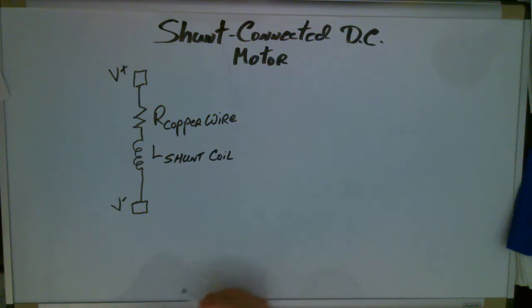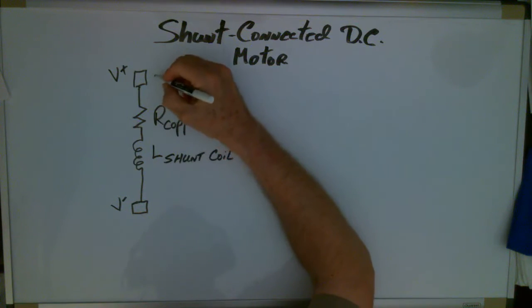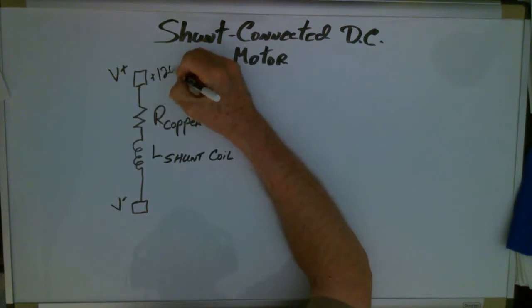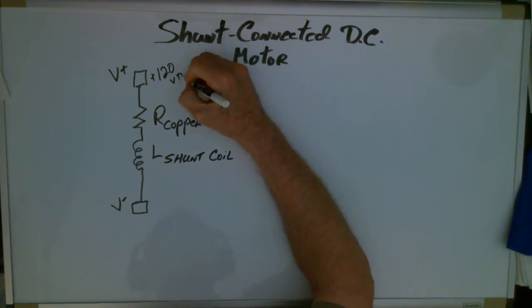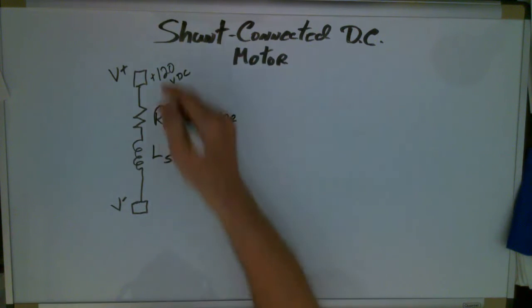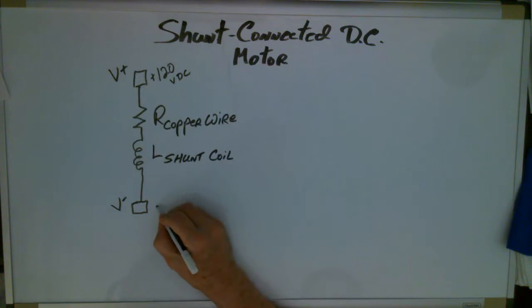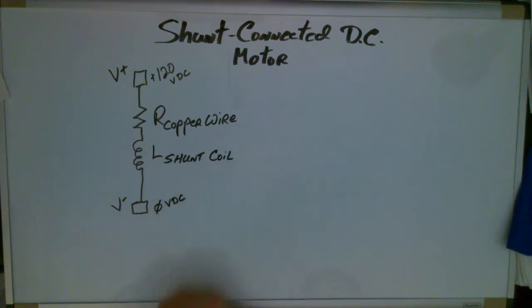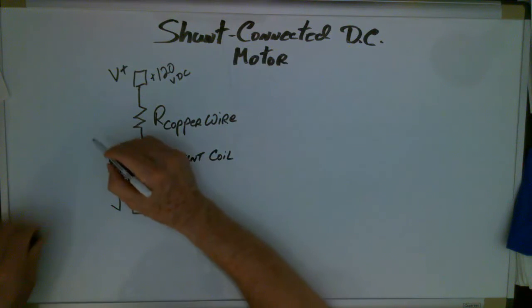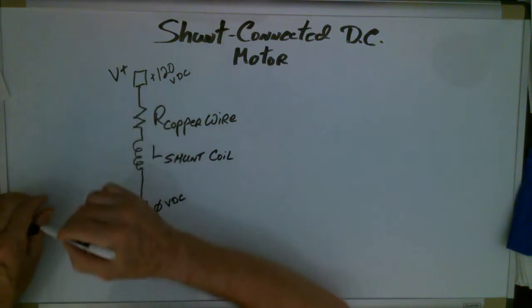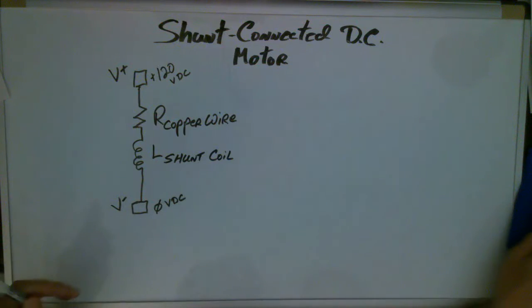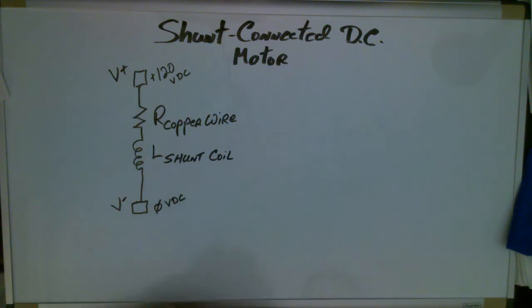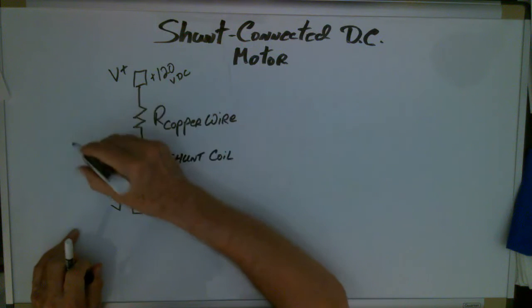For the motor that we work with on the Lab-Volt training, this V plus is plus 120 volts DC, and if I do that, then this has to be 0 volts DC. This is the shunt.